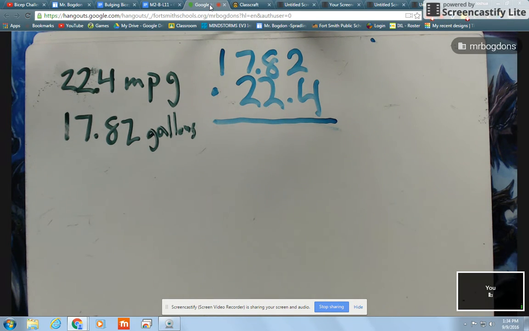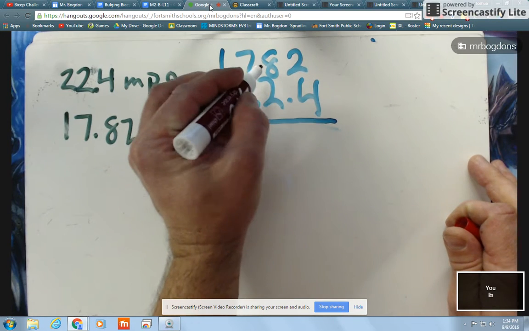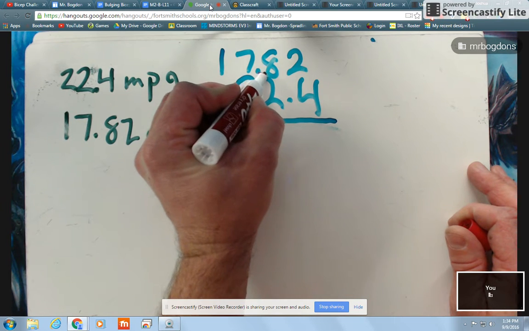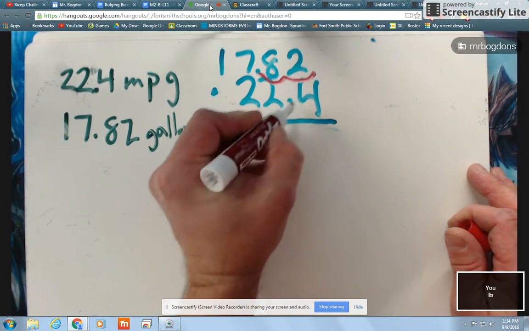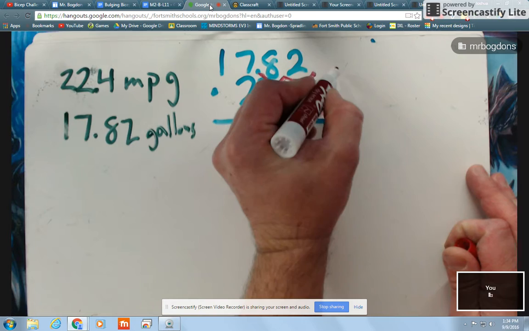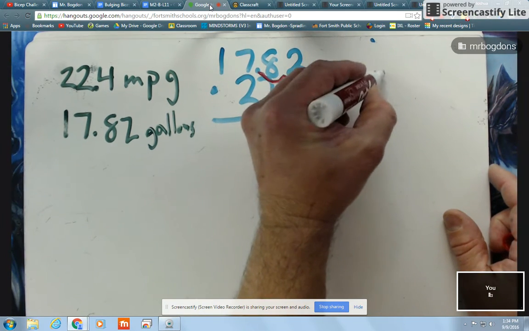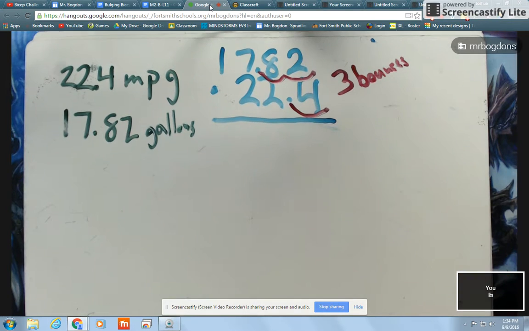So here's my problem. I have to multiply 17 and 82 hundredths by 22. Anaya, what can I do to make this easier? What can I do to pretend like I don't have the decimals and do whole numbers? Okay, so I'm going to make myself some pretty little hoops, 1, 2, 3. So I know when I'm done, I just need to make sure I bounce it back in 3 bounces.